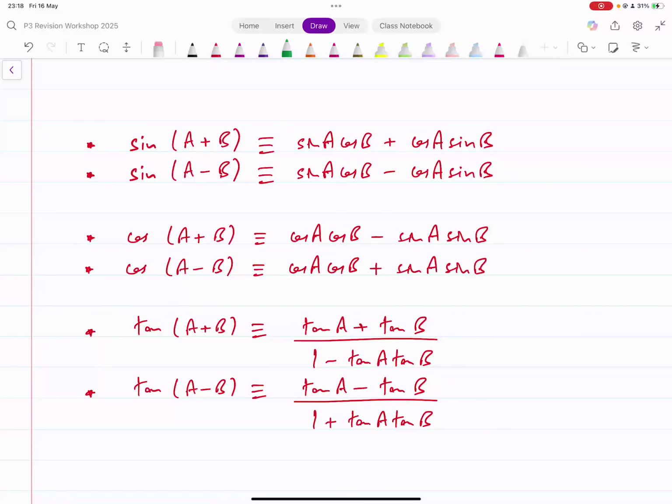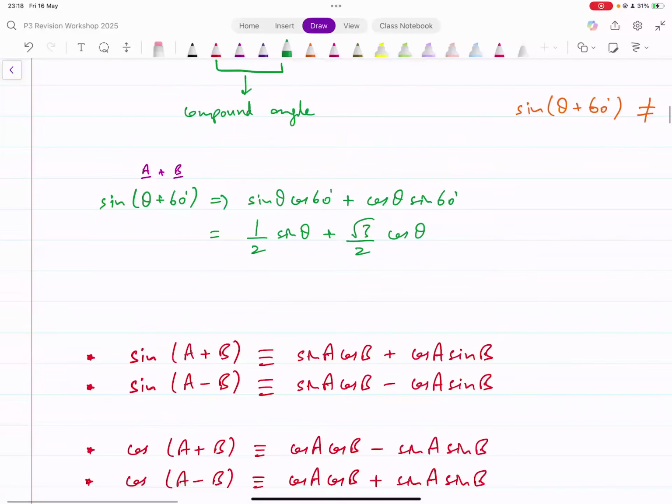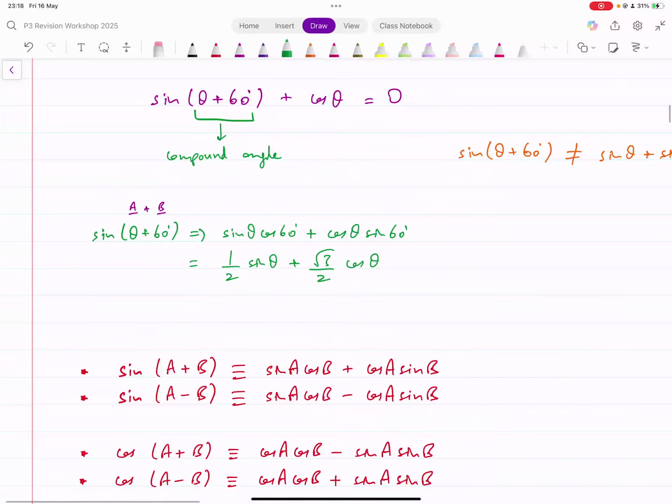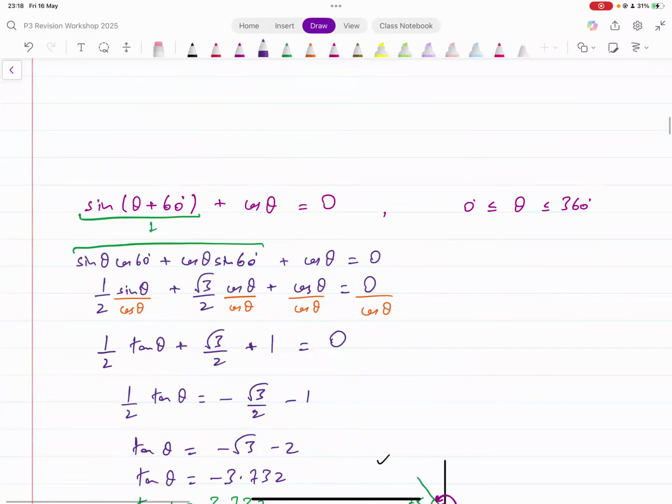But using these identities now, what you can do is, for example, in this case, you had sine theta plus 60. You could expand sine theta plus 60 like this, sine theta into cos 60 plus cos theta into sine 60. And then cos 60 becomes 1 over 2, sine 60 is under root 3 over 2. And then you could simplify that further after that to solve that equation. This is what I've done.